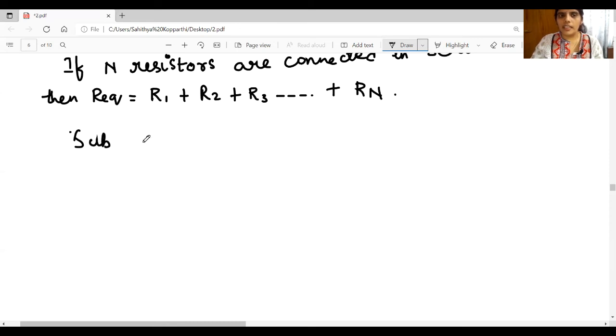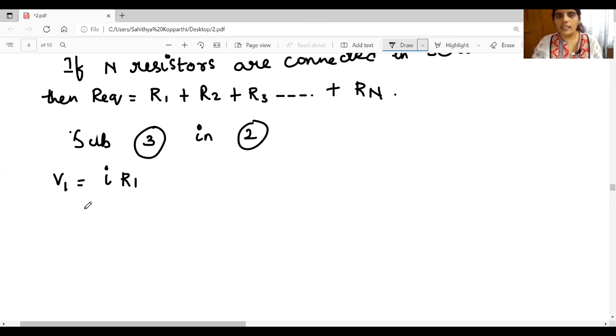We have V1 is equal to I into R1, but what is I? V divided by R1 plus R2, into R1.